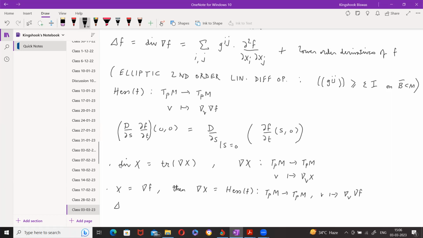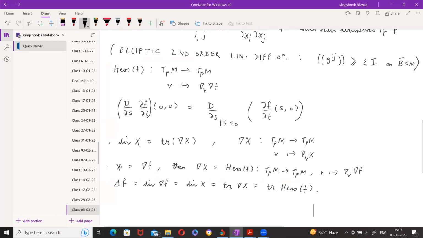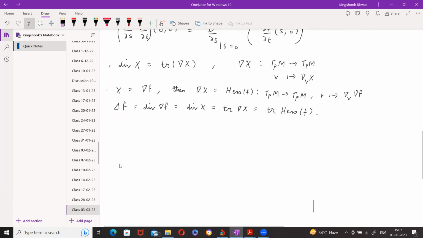And the Laplacian of f, which is the divergence of grad f, which is the divergence of x, which is the trace of nabla x, is just the trace of the Hessian of f. So we have the same formula as in Euclidean space. The Laplacian is the trace of the Hessian.